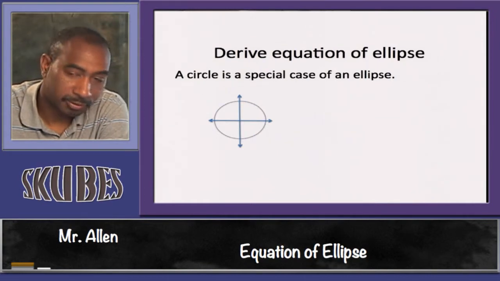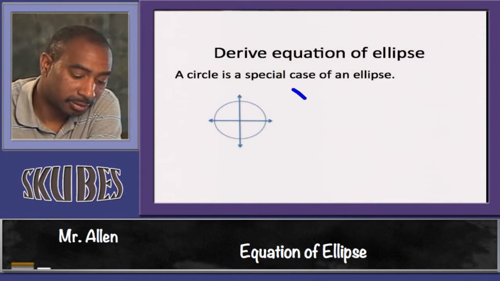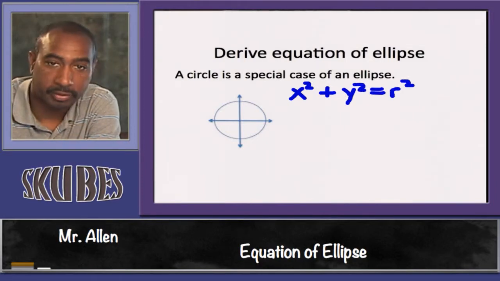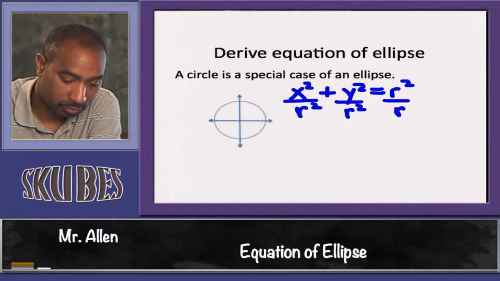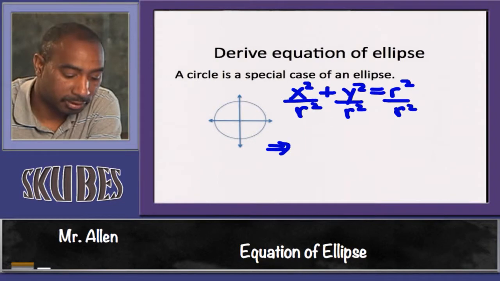A circle is a special case of an ellipse because if you take the equation of a circle and divide everything by the radius squared, you wind up with a standard equation of an ellipse.